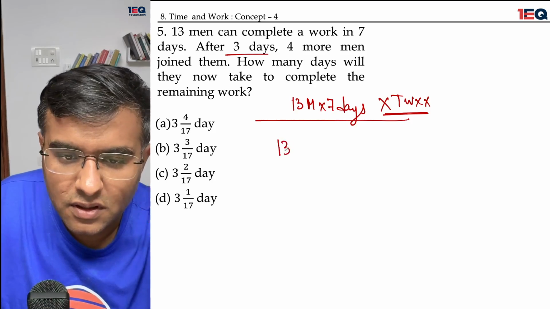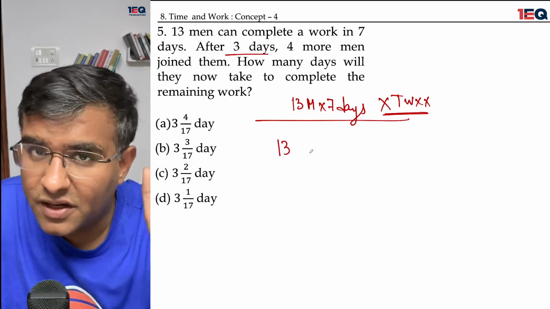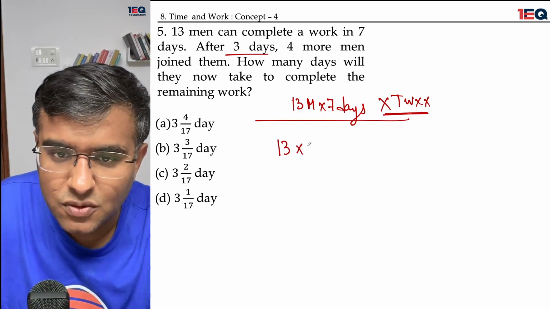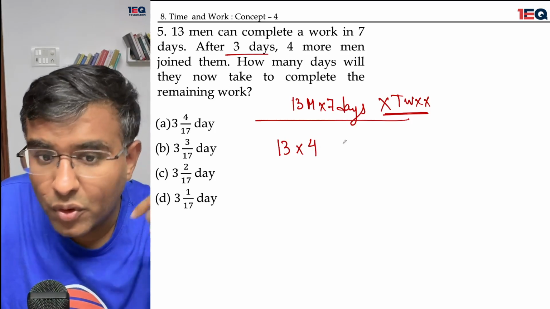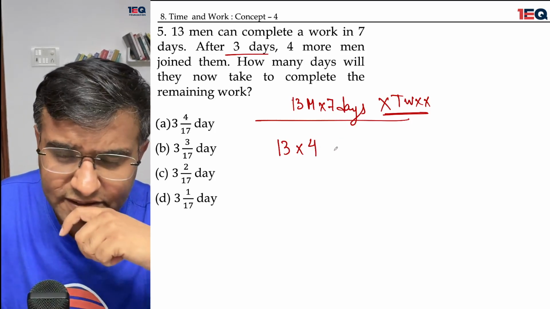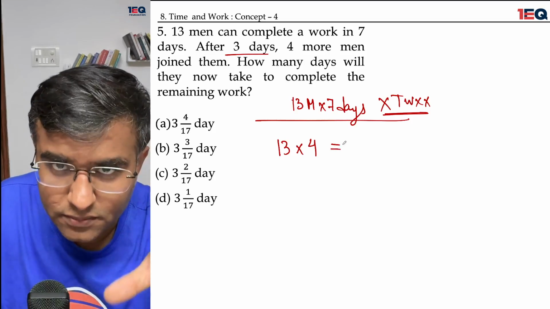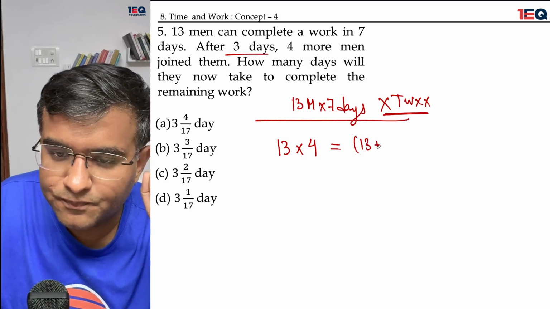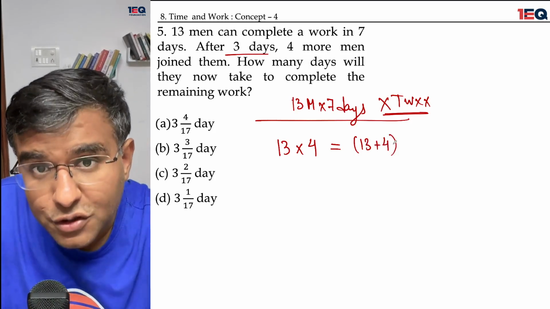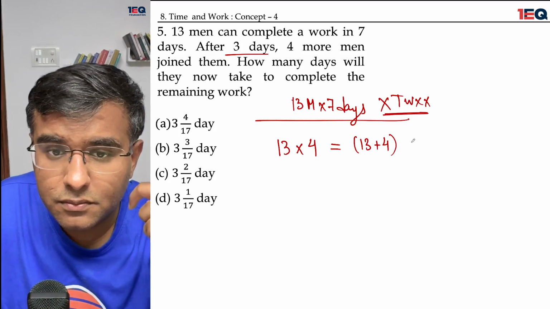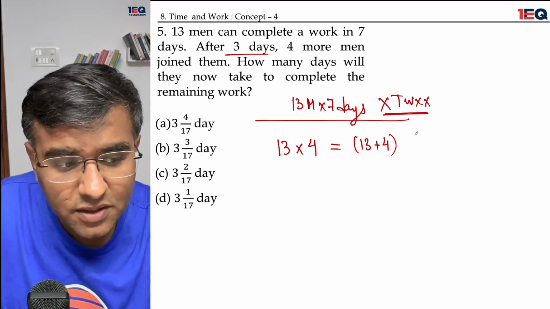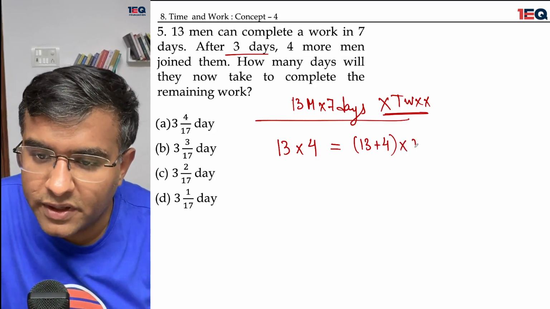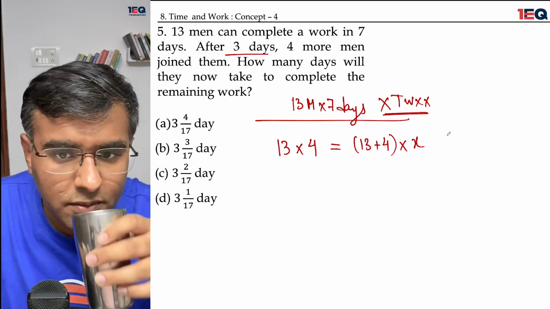The work left is that of 13 men. 13 men are supposed to work only for 4 more days to complete the task. But with the 13 men, 4 additional men have joined. The 4 men who have joined now are going to reduce the workload, right?